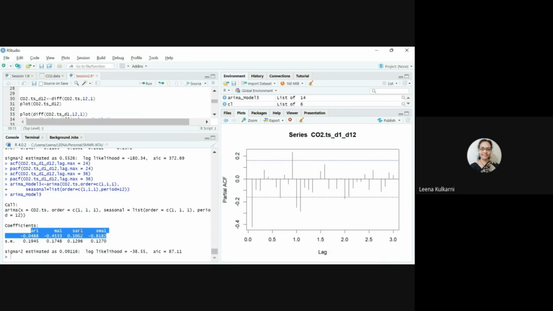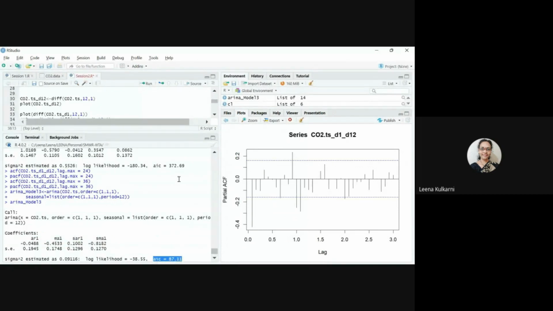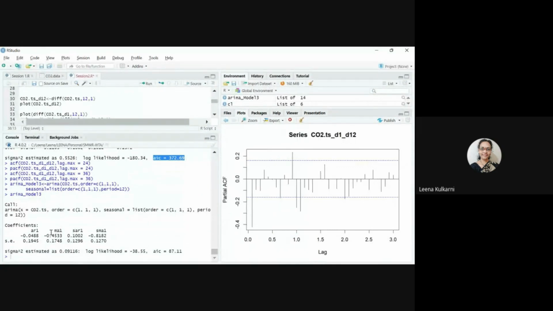You can see S written before AR1 and MA1. Now you can see the AIC value is 87.11 as against the AIC value that was obtained in the previous model, which was 372. So that means from amongst these two models, the best model is the one that we have fitted just now.